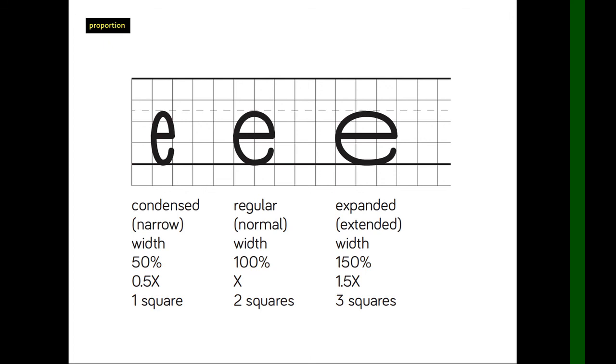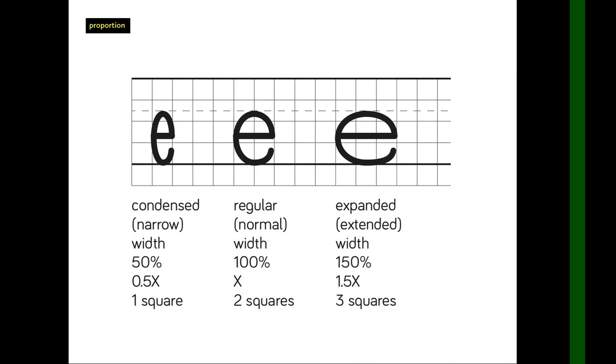And this graphic is in your part 2 brief. This shows how to actually figure the condensed and expanded widths, or the narrow and wide widths, using our guidelines, using our system that we've been using for the skeletal letters.